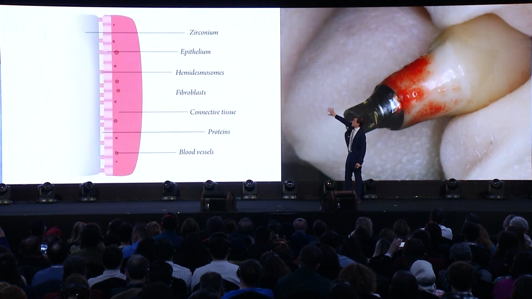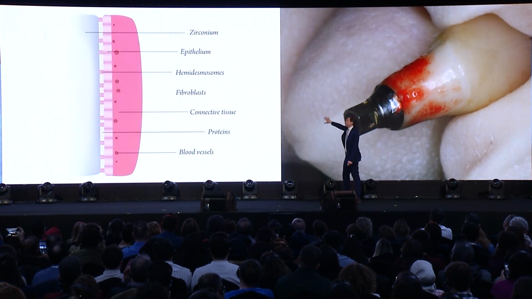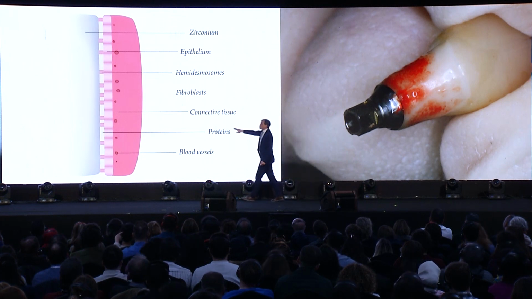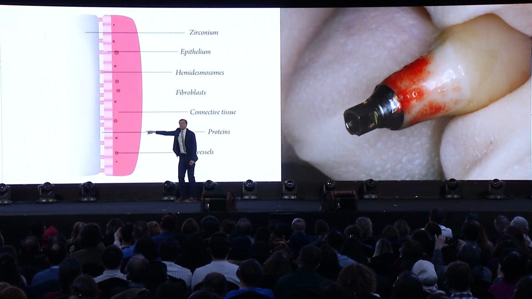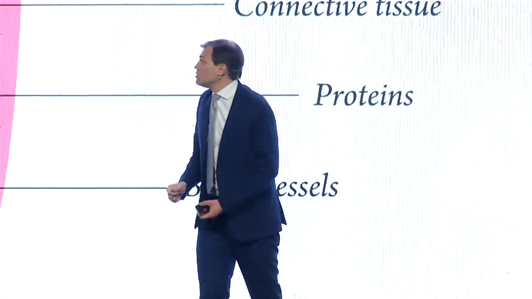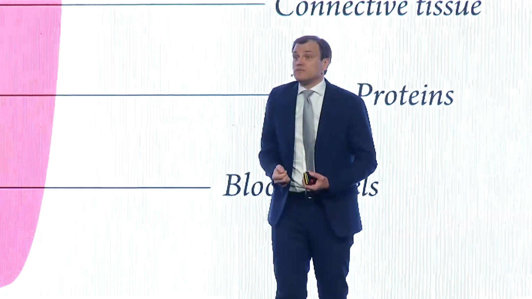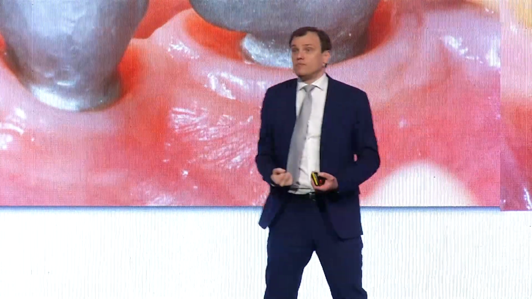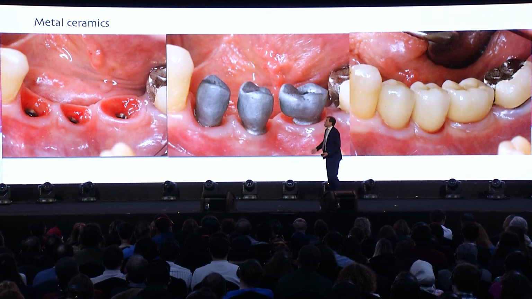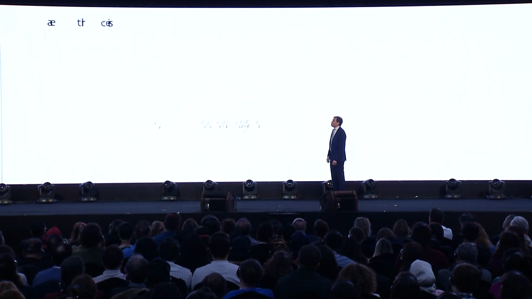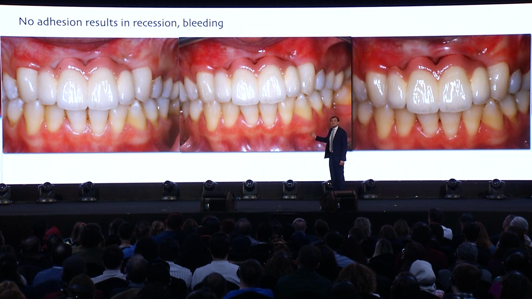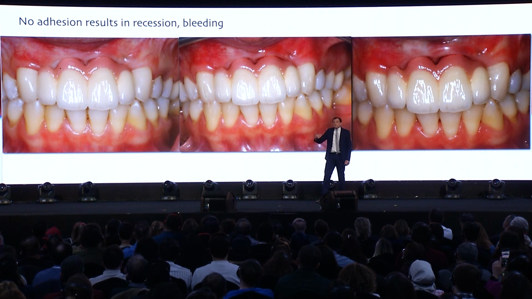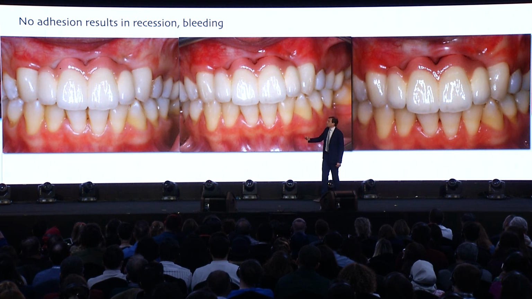The fibroblasts really go to the side, and direct contact goes through the epithelium and the hemidesmosomes structures. Once you understand that epithelium is the key to protect our implant for adhesion, then surely the use of metal ceramics or glazed surfaces becomes a disadvantage.